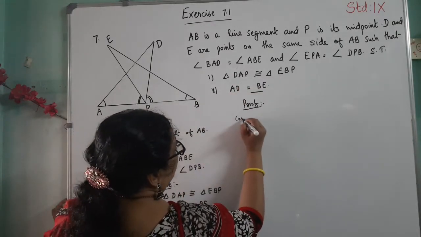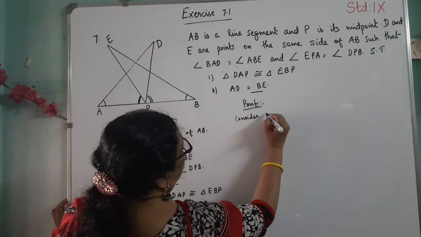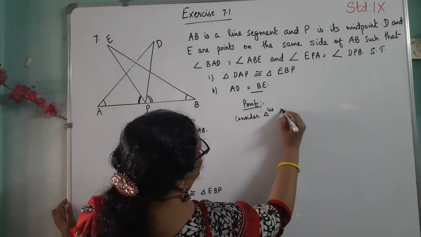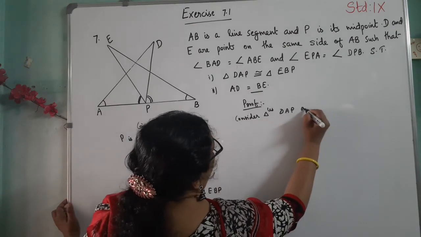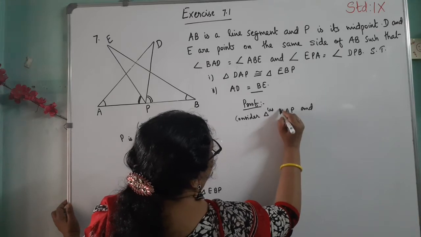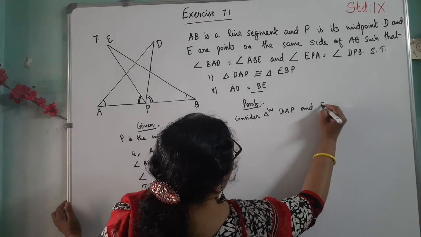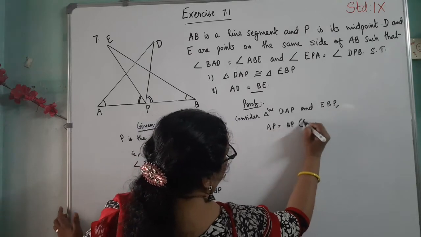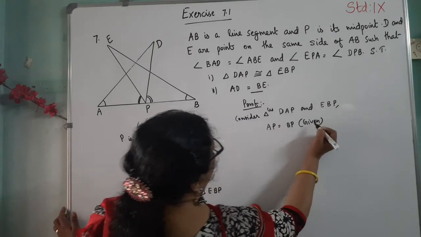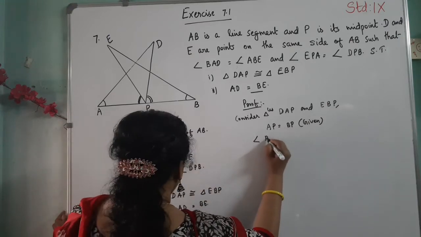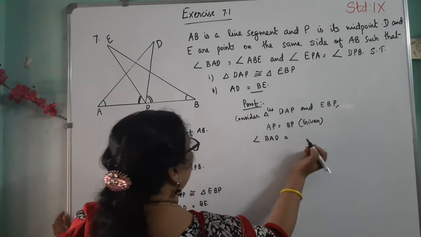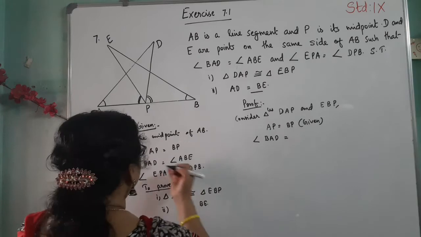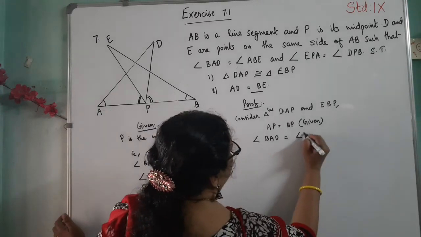So consider triangles DAP and EBP. AP equal to BP, that is given. Then angle BAD equal to angle ABE.